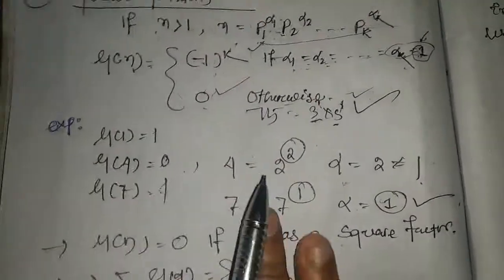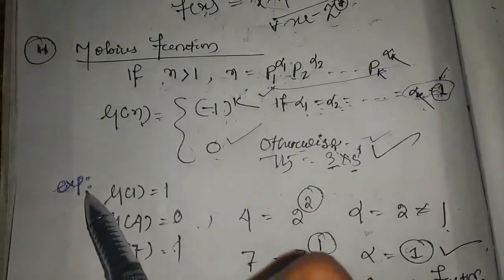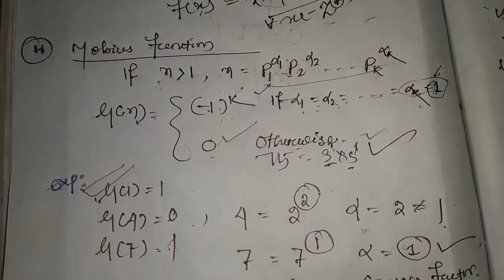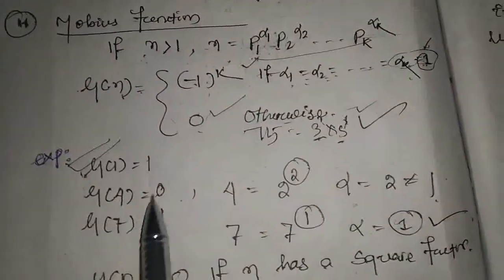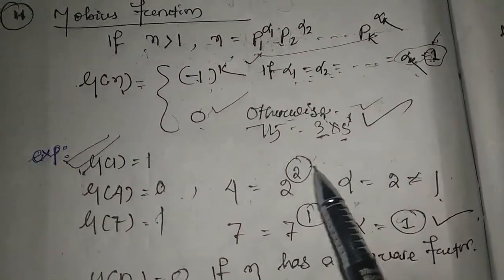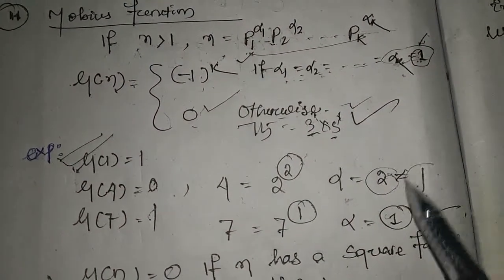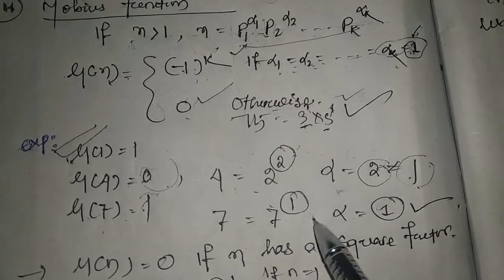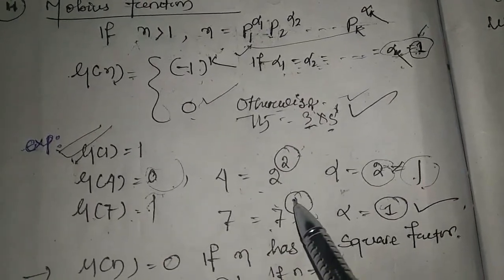For example, mu 1 is defined here; this is also part of the definition. That is, mu 1 is 1. For mu 4 is equal to 0, since 4 can be written as 2 to the power 2. Here alpha is 2, which is not equal to 1, so it gives 0. Mu 7 is minus 1, since 7 can be written as 7 to the power 1.